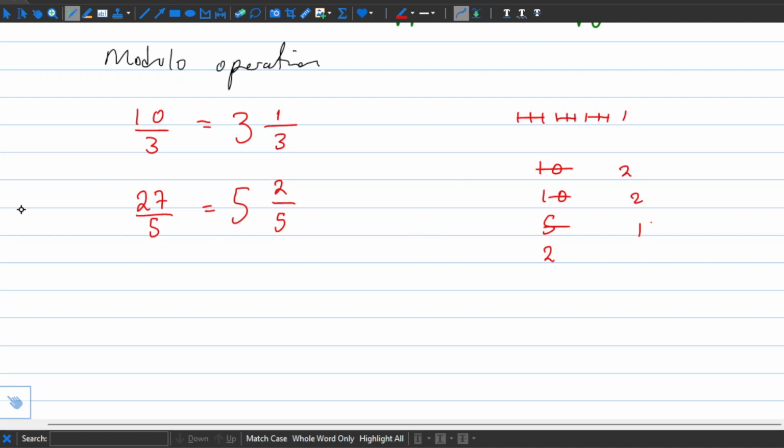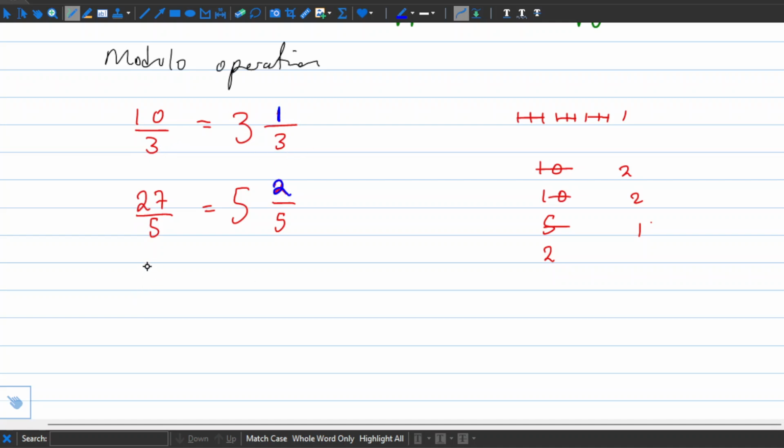Now, when it comes to the modulo operation, what we are interested in is the remainder. It's just an operation for the remainder. So if I said 10 modulo 3, what I'm interested in is the remainder.